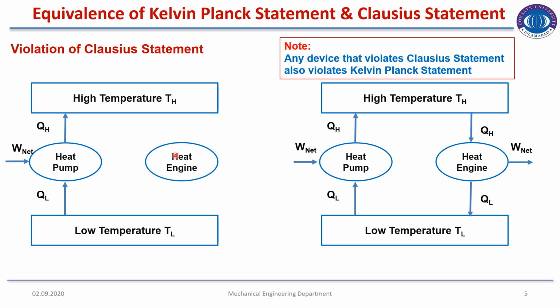And on the right hand side we have a heat engine. The function of heat engine is to receive heat from the high thermal energy reservoir and reject it into the low thermal energy reservoir, and in doing so it will produce a net amount of work. So our heat engine is receiving QH amount of heat from the high thermal energy reservoir and ejecting QL amount of heat into the low thermal energy reservoir, and a net amount of work output is obtained.